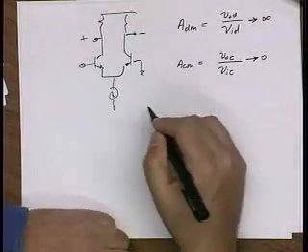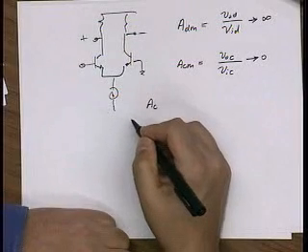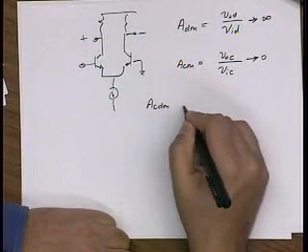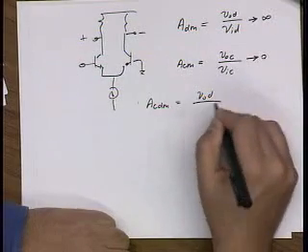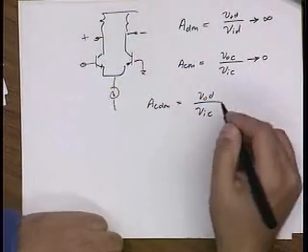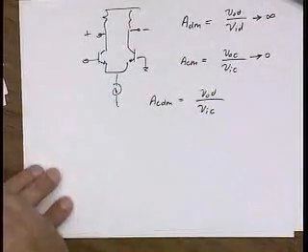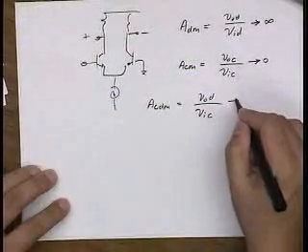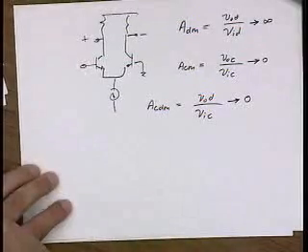What I do care about more is conversion from a common mode signal to a differential signal. This is bad, right? I don't want to have any differential signal at the output when I have input common mode. Okay, this is what I really care about. And of course, I'd like this to be equal to 0.